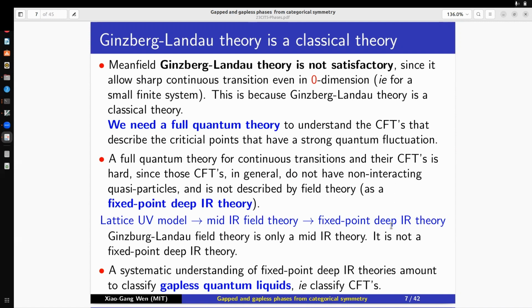So it's very hard to understand. This deep IR fixed point theory is very difficult to understand. What we did is that from this lattice UV model, we somehow come up with this field theory, which is really not an infrared fixed point. Then you want to go to this deep IR theory, and how to really understand this deep IR theory is what we try to do.